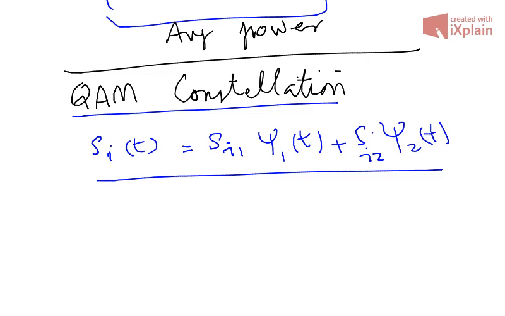Now it means that each symbol s_i, I write it in bold just to represent the vector, has a unique pair of s_i1 and s_i2.